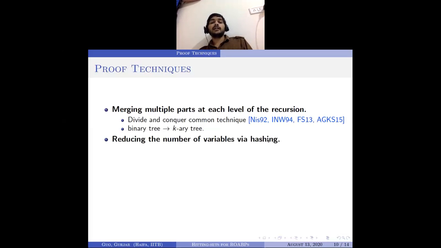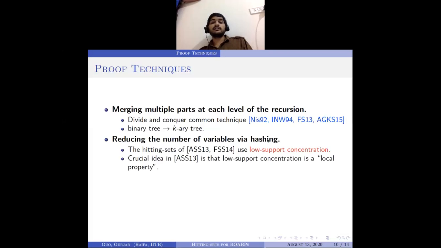And the third idea is reducing the number of variables via hashing. The hitting sets of ASS 13 and FSS 14 use low support concentration. One of the steps is that they achieve support concentration, which just means that again for a polynomial over the matrix algebra, the coefficients of all monomials are dependent on coefficients of monomials with low support. Low support meaning monomials with only a few variables.